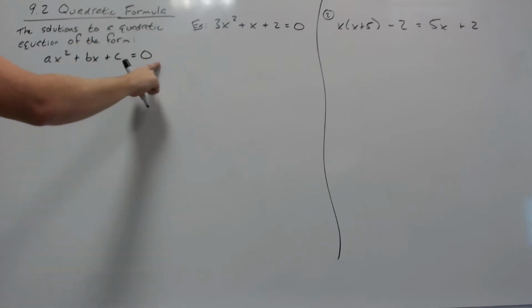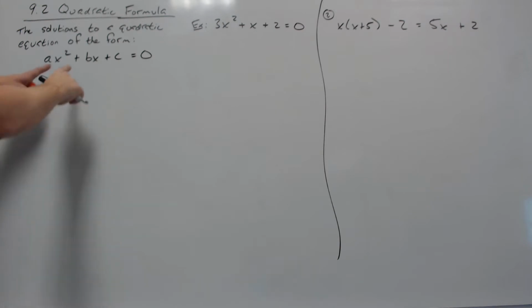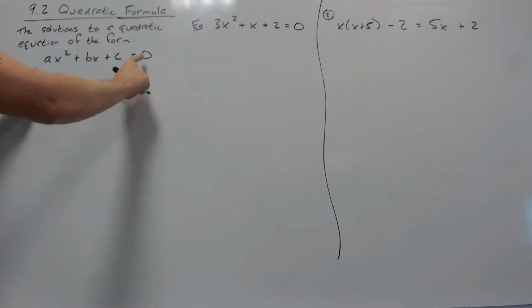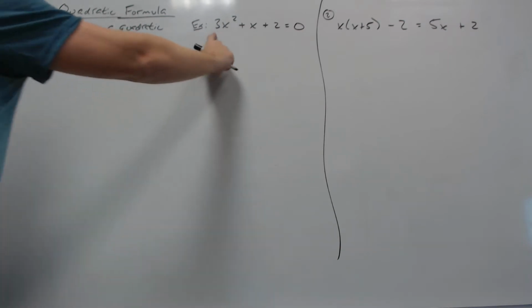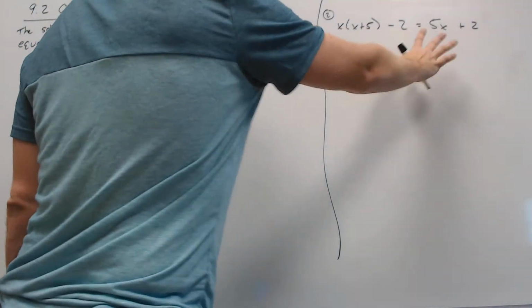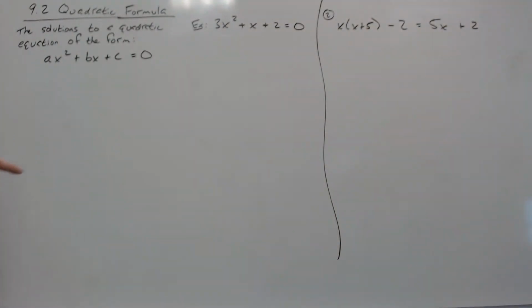So notice, when I'm going to use the quadratic formula, it has to be in standard quadratic form. It has to be equal to 0. So this one's happy. Right, this one, we got some work to do to put it in quadratic form. Right, so we're back to standard form here.